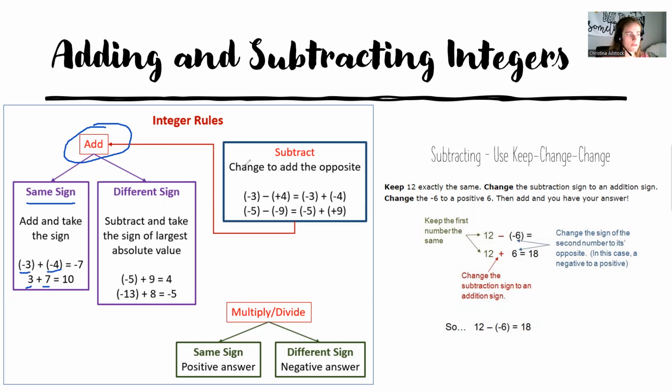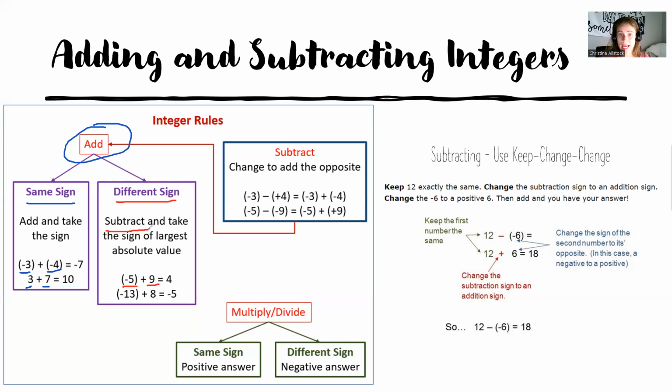But if you notice that you're adding and they have different signs, so here we have a negative number, a -5, and a positive number, a 9, you actually think of this a little differently. To follow the rules, you subtract them and take the sign of the larger absolute value.